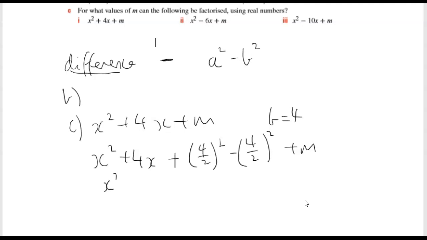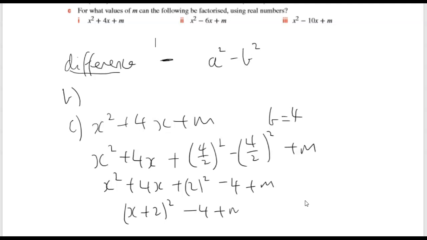You've probably done this a lot by the time you got to question 9C. We've got 2, which I'm leaving in brackets so we know how to factorize it, and then -2 squared, so it's -4 plus m. Factorizing this gives me x plus 2 squared minus 4 plus m.